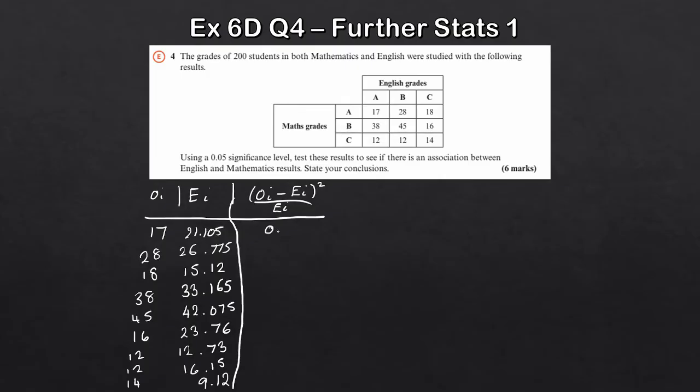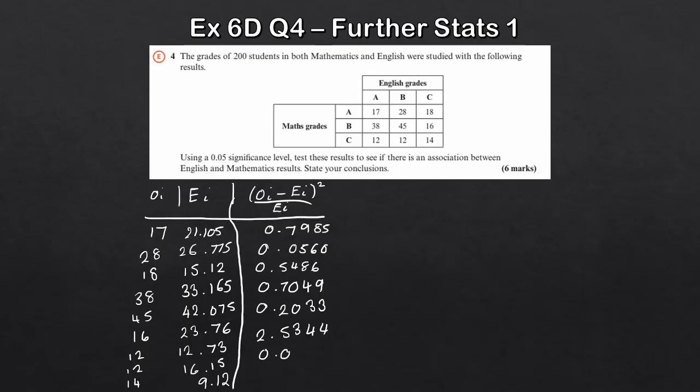What you should get is 0.7985, 0.0560, 0.5486, 0.7049, 0.2033, 2.5344, 0.0419, 1.0664, and then finally 2.6112. Right, okay, we're nearly there.